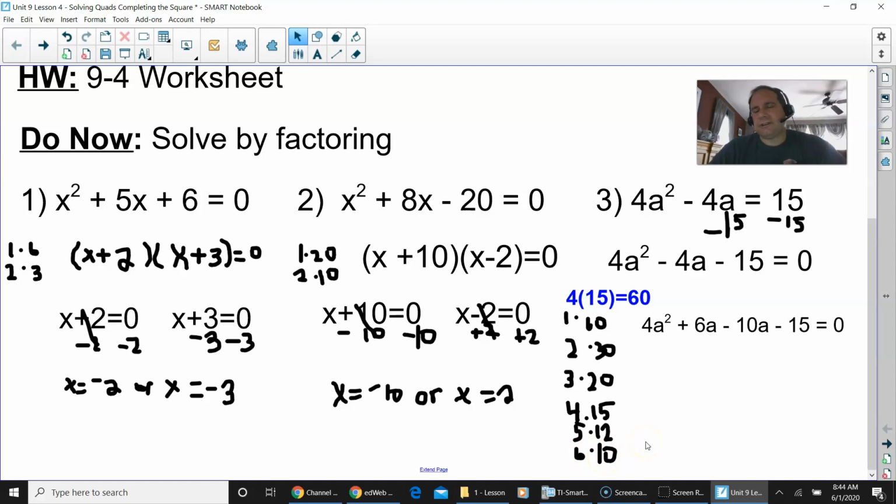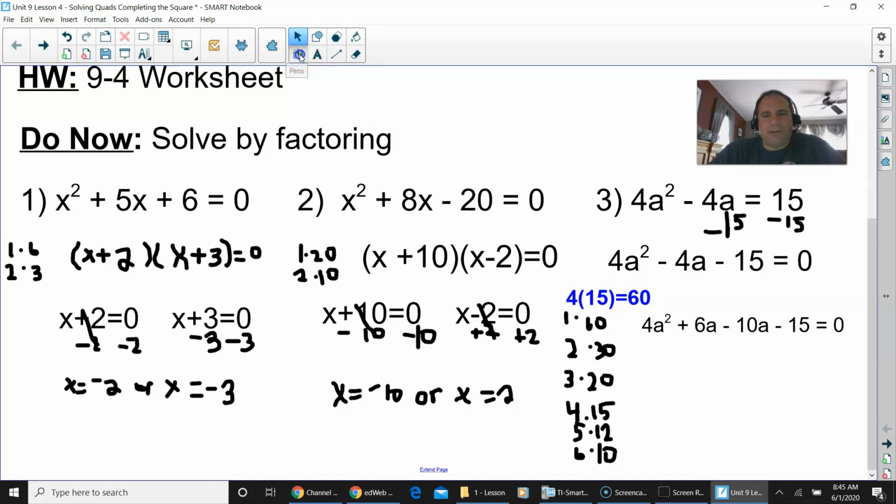All right, so 6 and 10 multiply to 60, and also, if you take positive 6 minus 10, you can get to a negative 4. So that's what we have here. I have 4a squared. Instead of this negative 4a, I am going to put positive 6a minus 10a. Remember, that will equal that negative 4a.